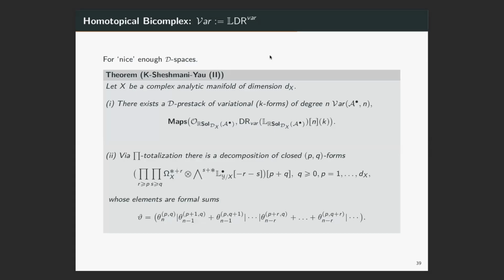And one of the fundamental, striking features of derived geometry, if you aren't familiar, is that it's not enough to just say d of omega is 0 to be closed as a form, as we're familiar with in geometry. So you have an entire homotopy coherent system of relations that must be satisfied.